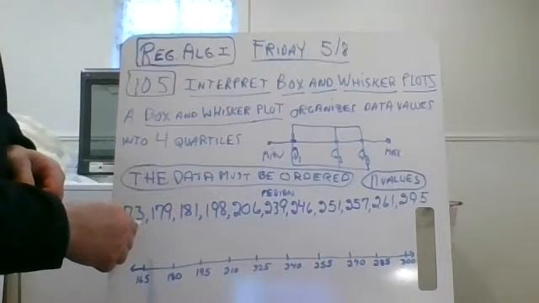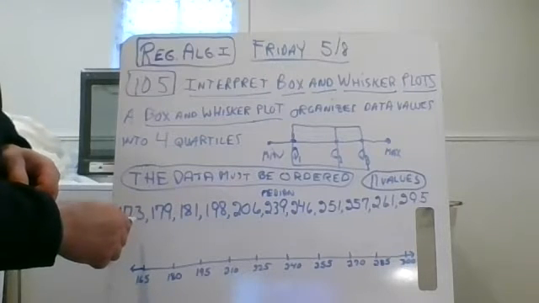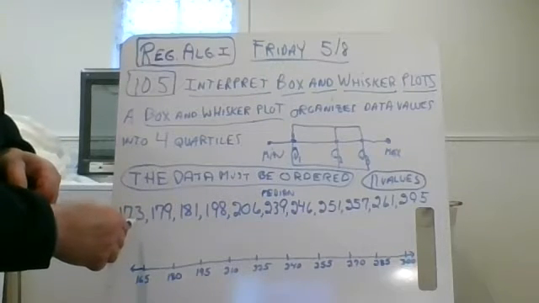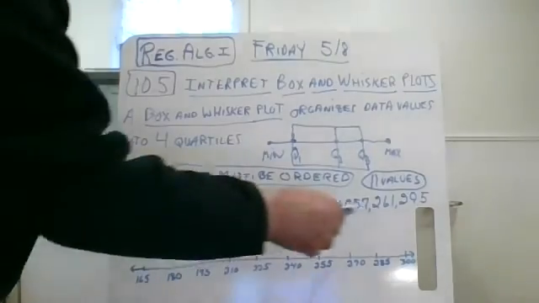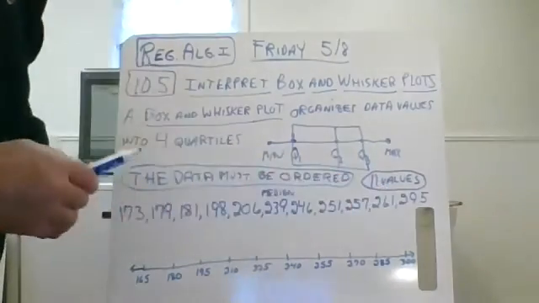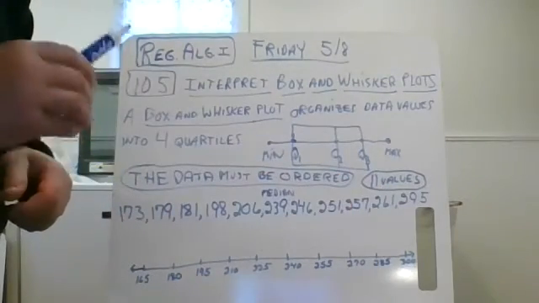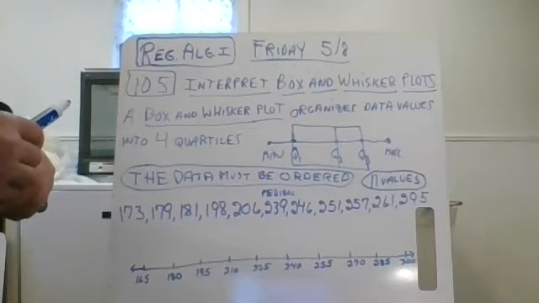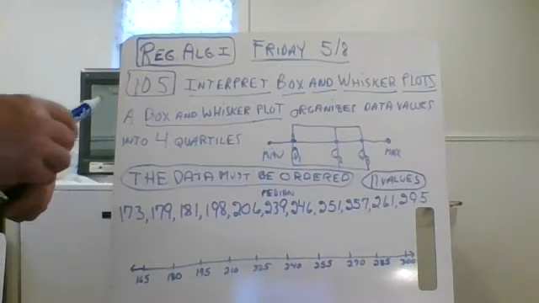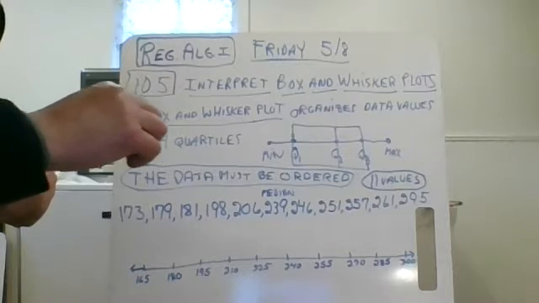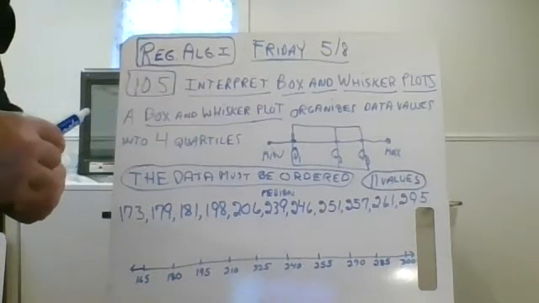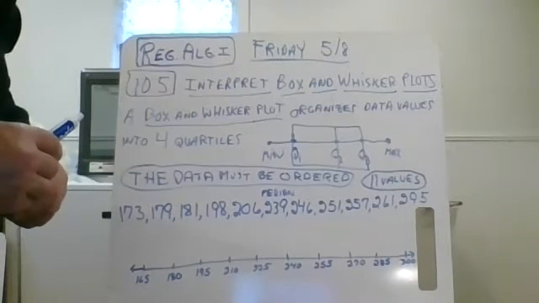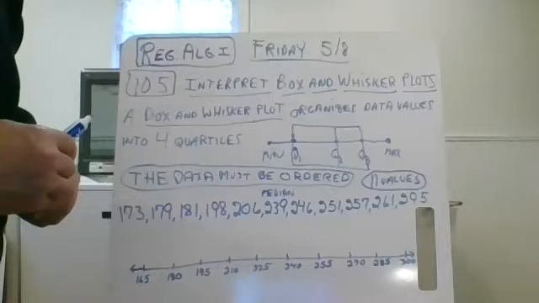There are 11 values, and I've already ordered it from 173 to 295. Those are 11 data values. Okay? So the first thing you do is order it. Make sure it goes from least to greatest. And we write those down.